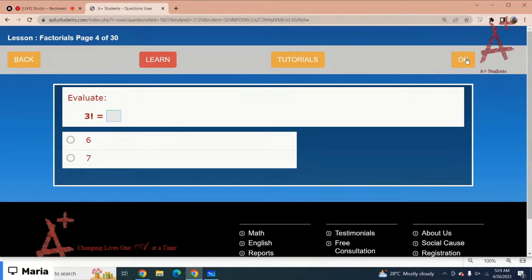Okay, the next one is 3 factorial. So 3 factorial equals 3 times 2 times 1. 3 times 2 is 6. So 3 times 2 times 1 is 6.